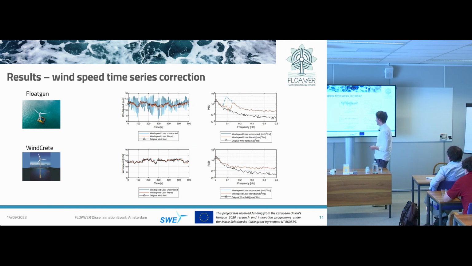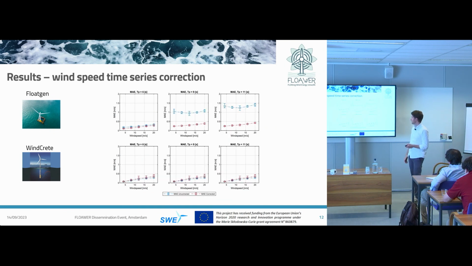On the other hand, for the Windcrete floater, obviously it does not pitch a lot. The pitch frequency is also much lower. This approach is not applicable, because we don't see a clear distinct peak in the frequency spectrum of the wind speed, so it does not make sense to try to filter this out.